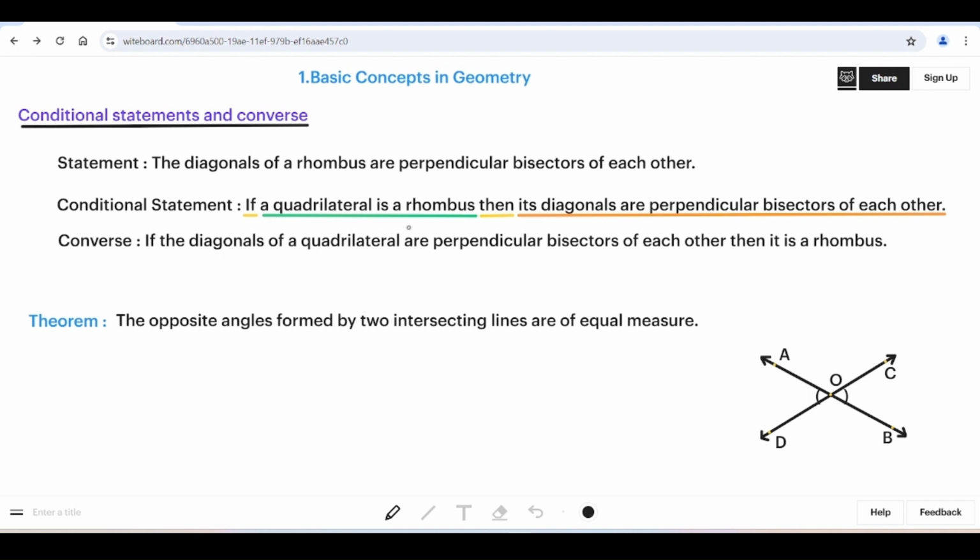Rhombus is a quadrilateral, that was our antecedent in the conditional statement. So in the converse, the antecedent and consequent are just interchanged.